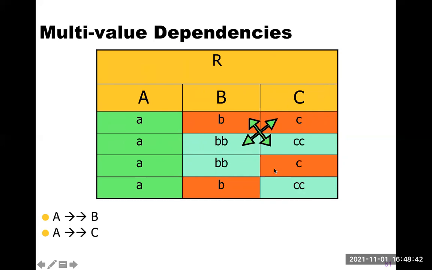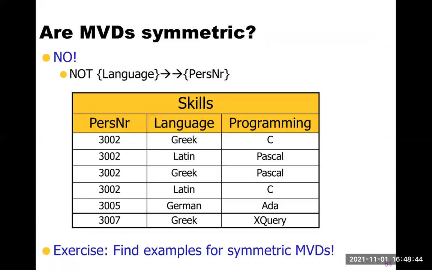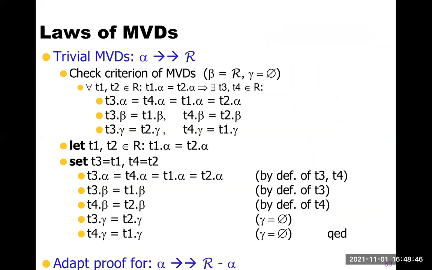So to have multi-value dependencies, we need to check this. So a trivial dependency is that all the columns depend on the left part. So gamma is empty, we may check everything, and it's trivial that it holds. We may check it. That's quite simple.